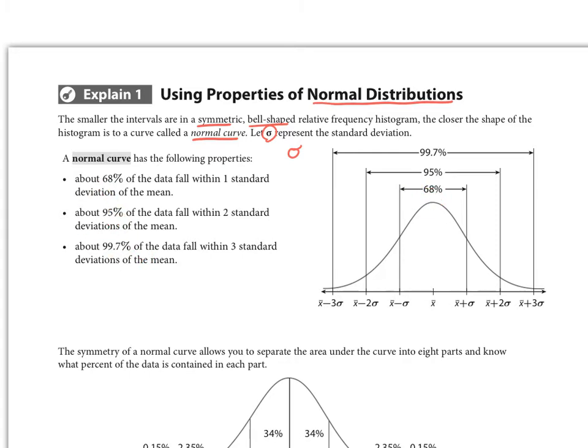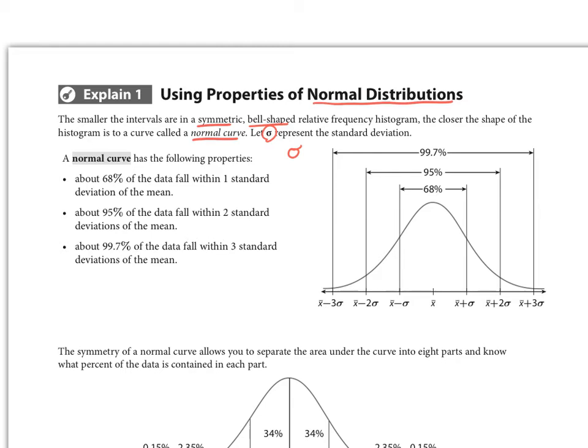I'm going to talk more about it once we do some problems, but as long as it's a normal distribution, we know how much of the data falls inside one standard deviation and how much falls within two standard deviations.